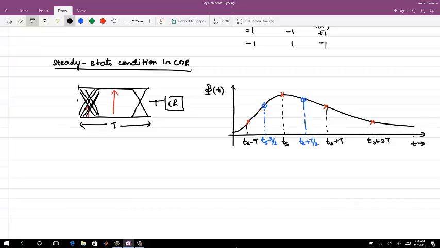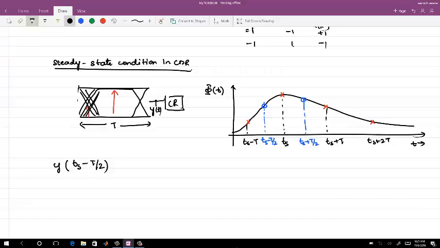Let me write that as y of Ts minus T by 2. I'm considering the edge point because at the edge point, in a steady state, you will have a mean value of 0. Sometimes you will be positive, sometimes negative.